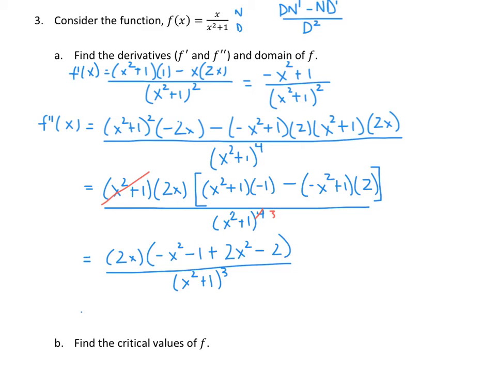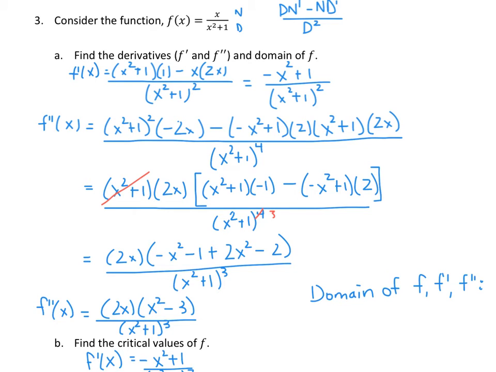Alright, so we are left with a 2x, and then combining the negative x squared and the 2x squared, we have an x squared, and then a minus 3. And then that's all divided by the x squared plus 1 cubed. And there is our second derivative.